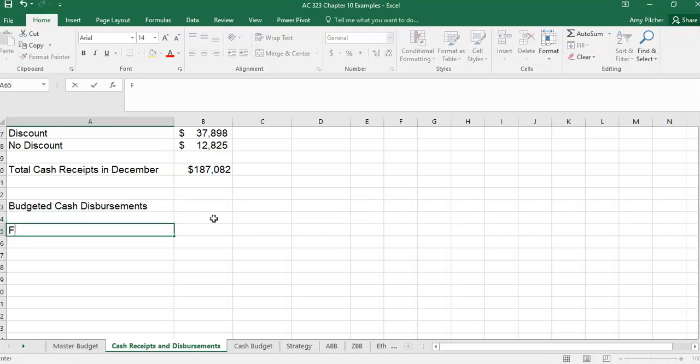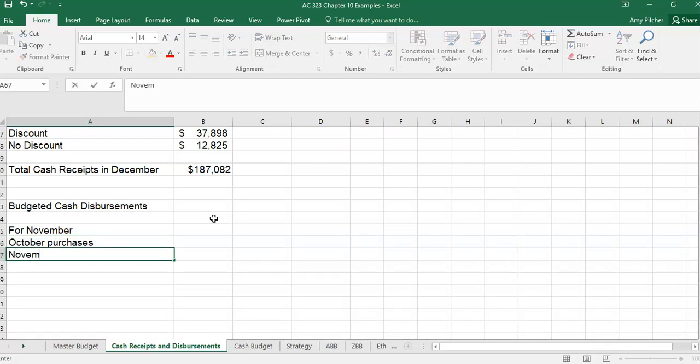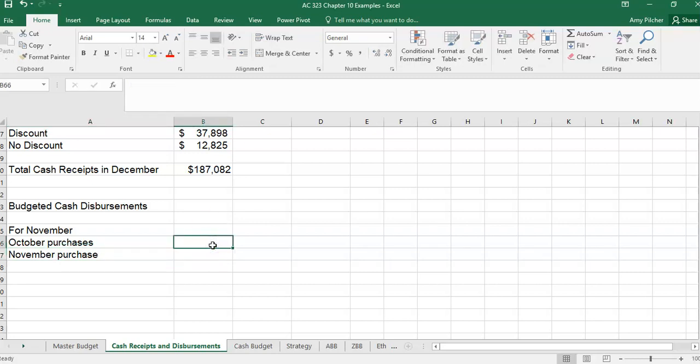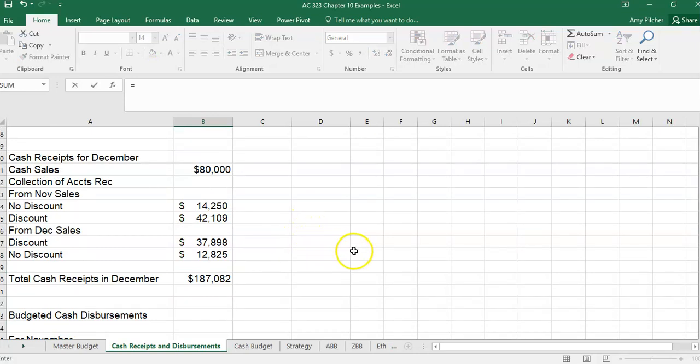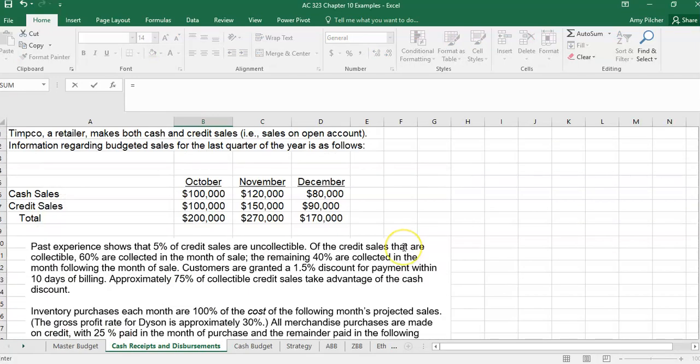So for November, we're going to have October purchases and November purchases. So we're going to be paying 25% of November's purchases. We purchase the next month's sales. So first we're going to have the 170,000 in sales from December.